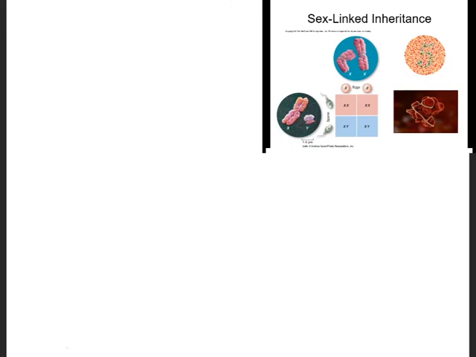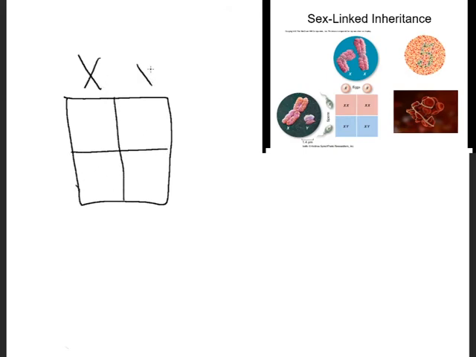Let's reverse it. Let's say the mother's colorblind and the father is not. Again, this works for hemophilia as well. So the mother's colorblind. The only way she can be colorblind is if she's homozygous recessive. She has 2 alleles for her genes because she's got the homologous pair. Men, 1 chromosome, 1 gene, 1 allele.